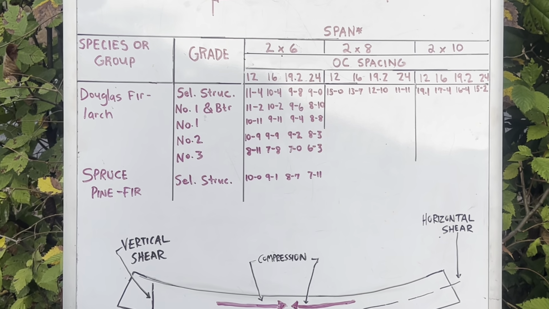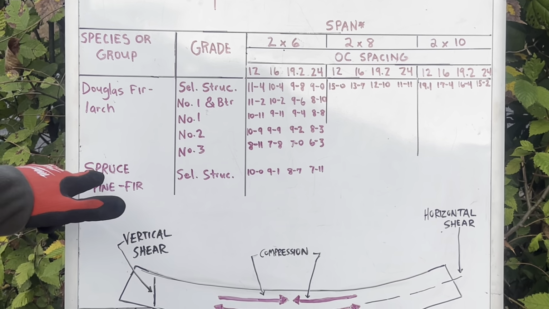Okay, we can go to spruce. There's other species as well. You got Douglas fir south, you got hemlock, western wood. As we look at spruce, we're going to do number 1. So it's select structural, 16 on center.